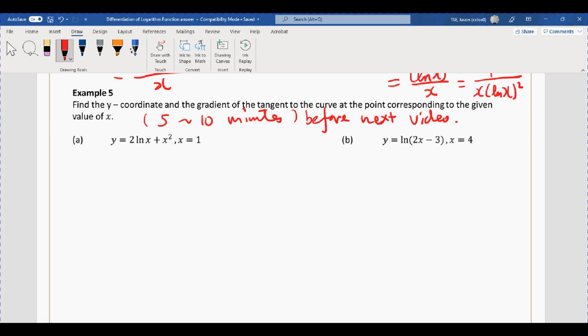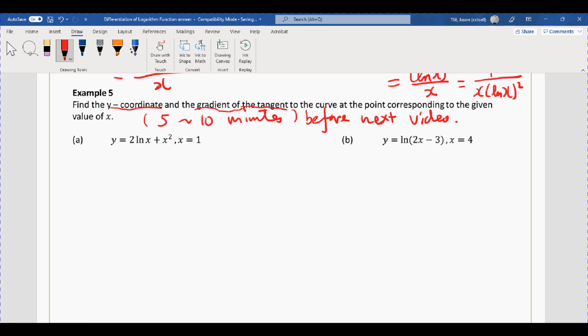And this is about the y coordinates and the gradient of the tangent to the curve at the point corresponding to the given x. So you need to find the y coordinates and the gradient of the tangent to the curve. Okay, so those two things.